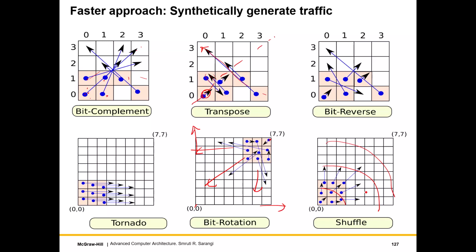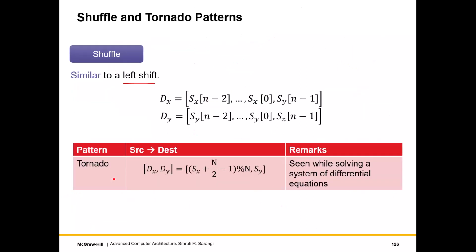Tornado, as you can see from the diagram over here, basically means that every cell is essentially shifted to the right. In fact, that's the way it is defined: the y coordinate remains the same, as you can see, dy is equal to sy. But for the x coordinate, we add a number to it, n by 2 minus 1.